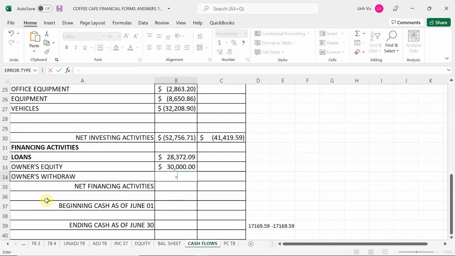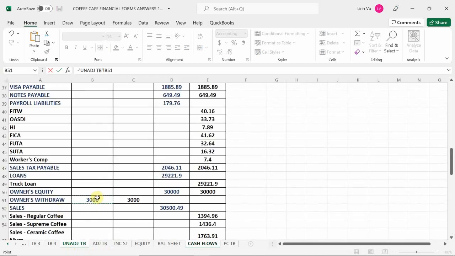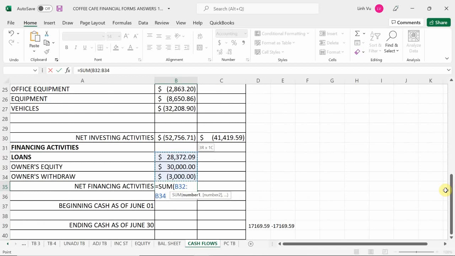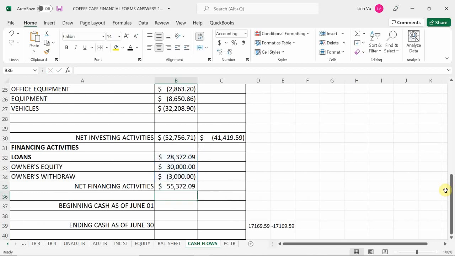So therefore, that's going to take away cash that we don't have in our company, which we took out $3,000. Okay, so there you go. Go ahead and sum this, and you should get a grand total of $55,372.09.